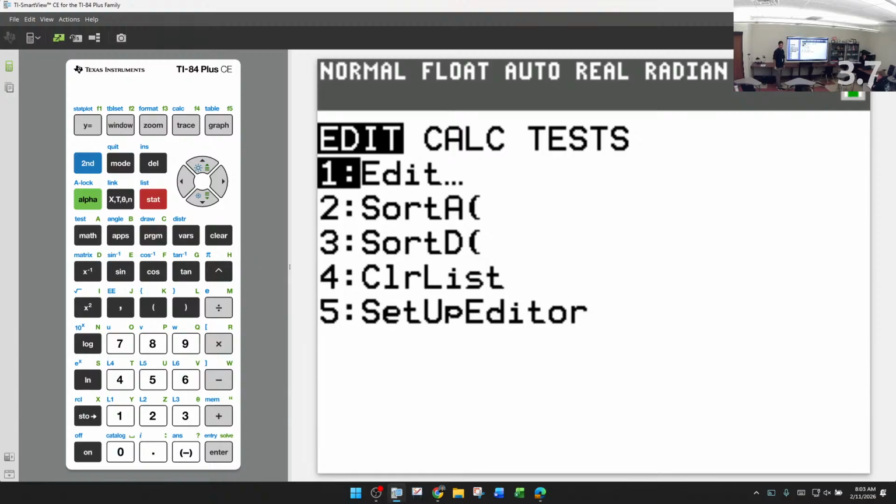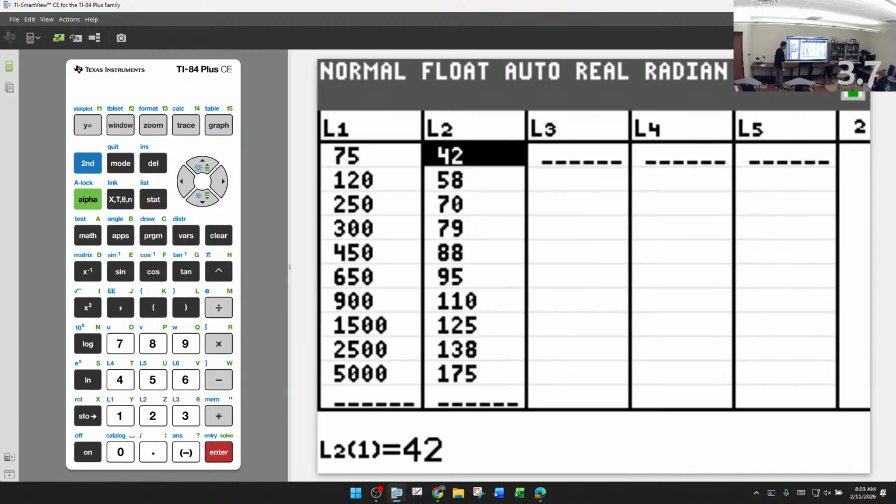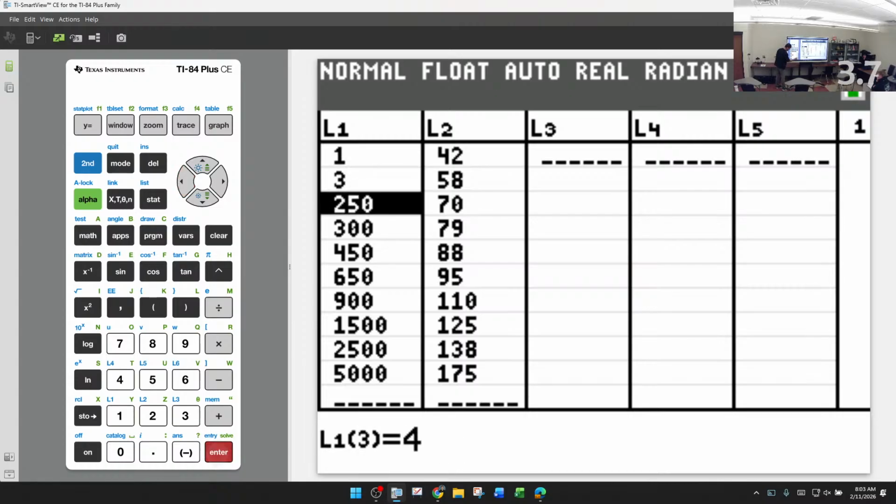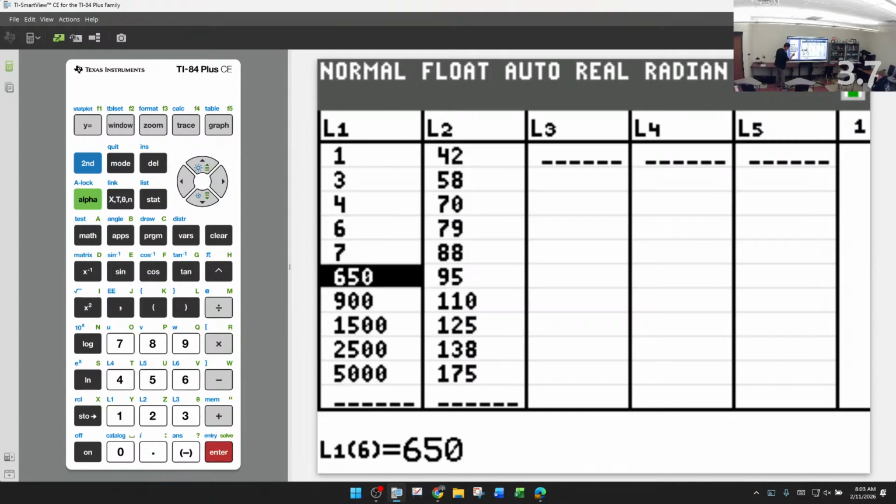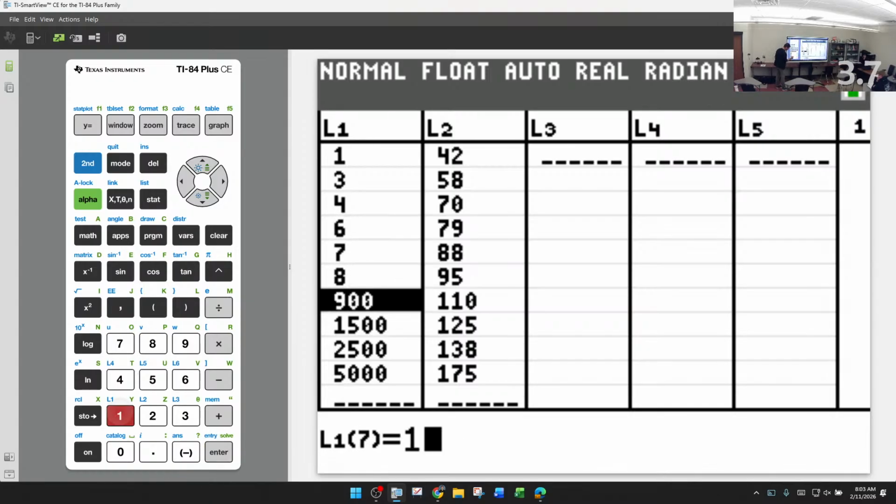Edit. Whatever the top list was, whatever the bottom list was, I can put them in there. How many of them are there? Doesn't matter. 1, 3, 4, 6, 7, 8, 11, 12.